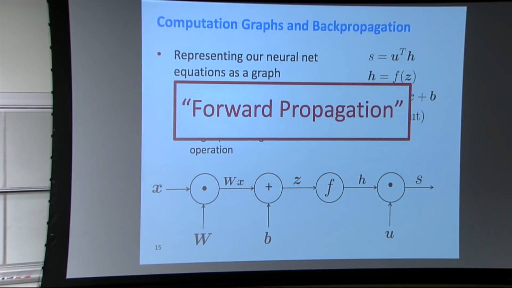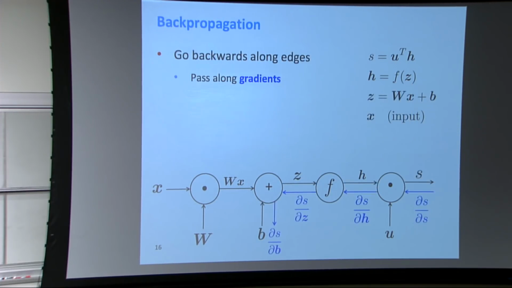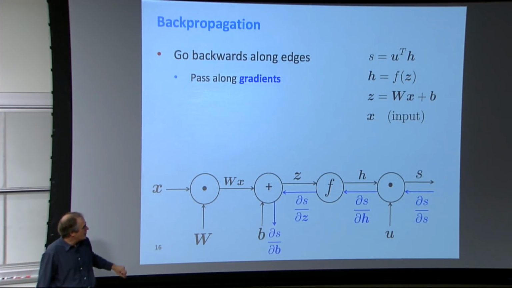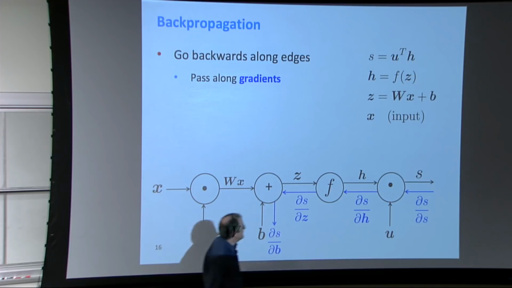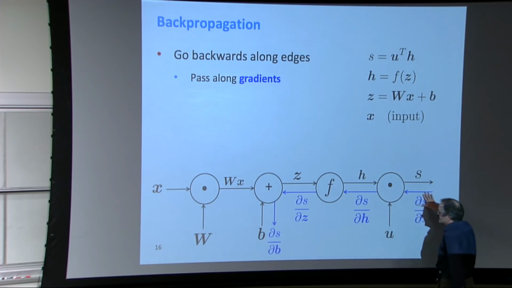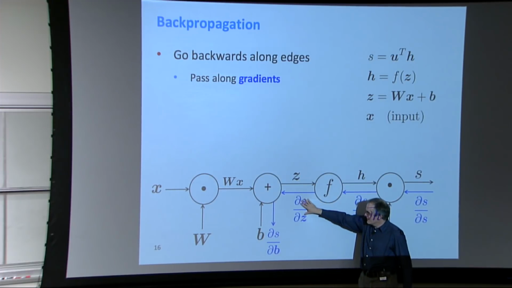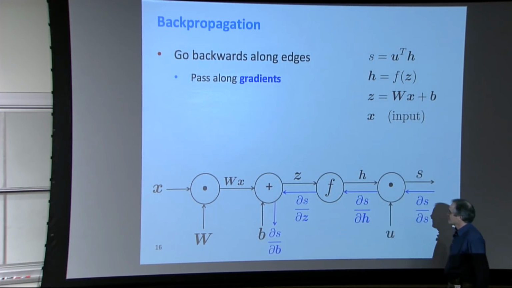But the difference here is, hey, we want to do a learning algorithm, so we're going to do the opposite of that as well. What we want to be able to do is also backward propagation, or backpropagation, or just backprop as it's commonly called, which is we want to be able to go from the final part here, and then at each step we want to be calculating these partial derivatives and passing them back through the graph.